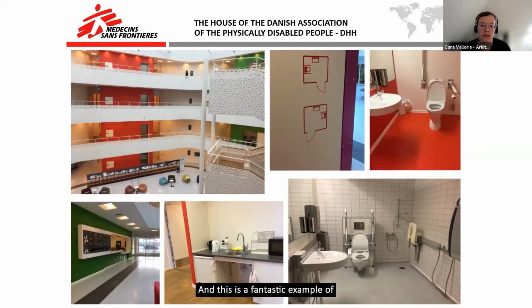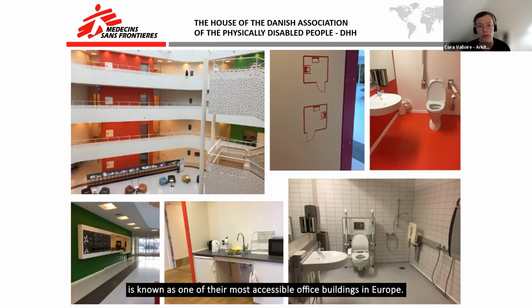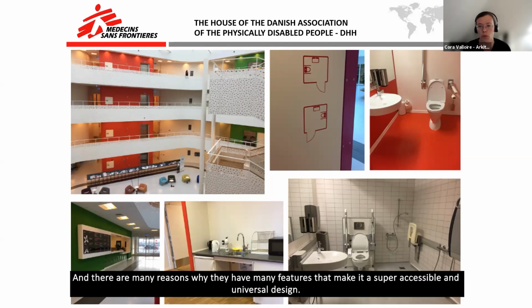This is a fantastic example of how design and diversity can work together. It is known as one of the most accessible office buildings in Europe, and there are many reasons why. They have many features that make it super accessible and universal design.